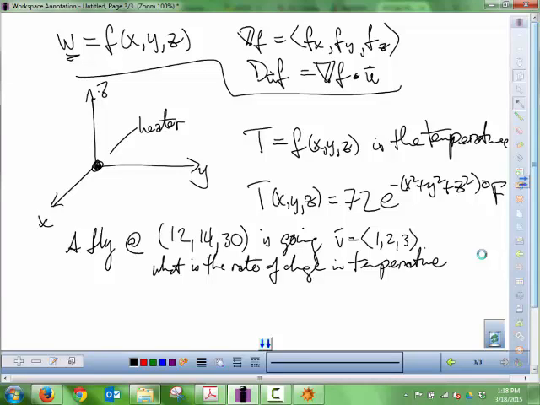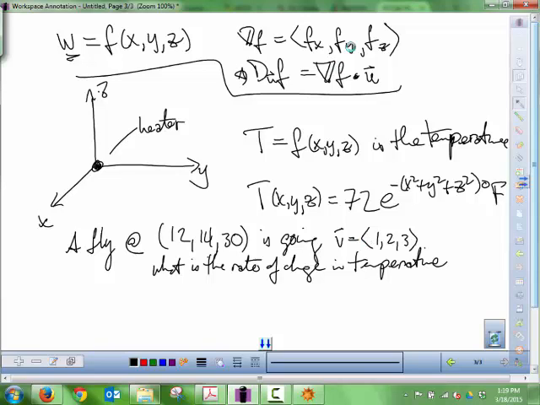So that's the question. So we're looking at the directional derivative at this point going in the direction of u, where u is a unit vector.